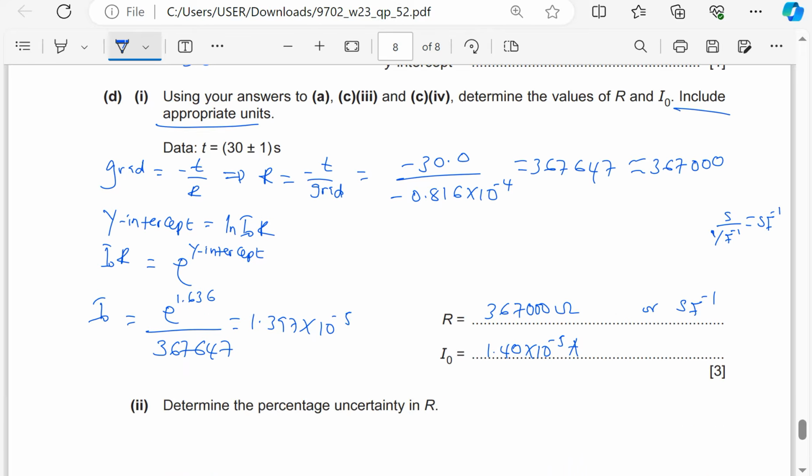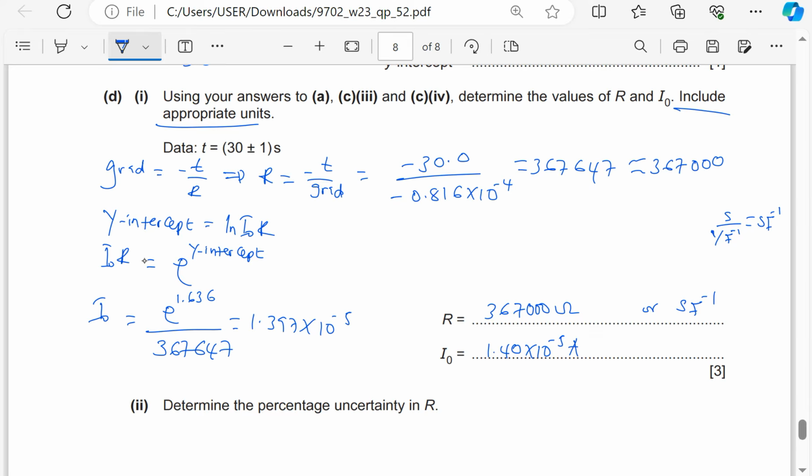Then I was the y-intercept. I was equal to, no, I naught was not the y-intercept, but the y-intercept is equal to ln of I naught R. Remember, e power this is a constant divided by R, where R has the units of S per farad.